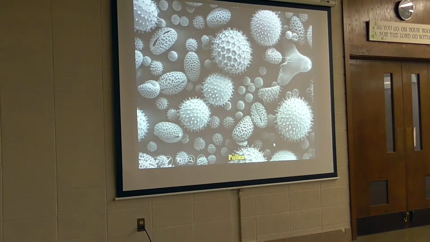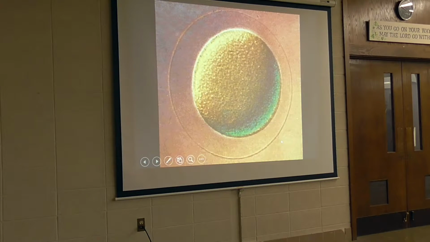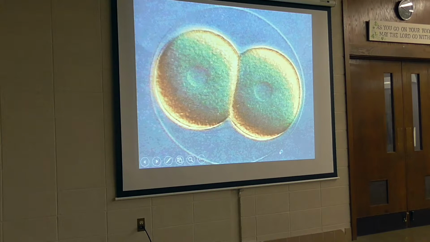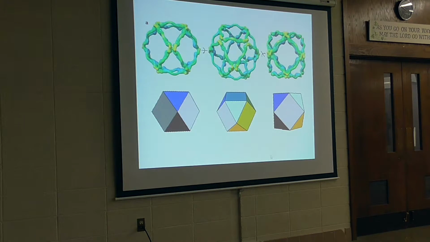Again, pollen. Very symmetrical. Hey, we were all perfectly spherically symmetrical when we were conceived. And then a line of symmetry divided the cells into two. And symmetry all the way along.